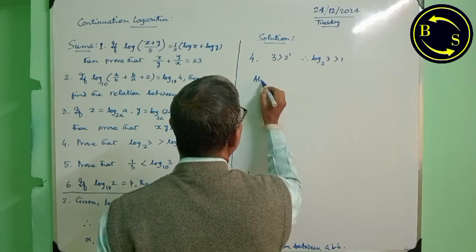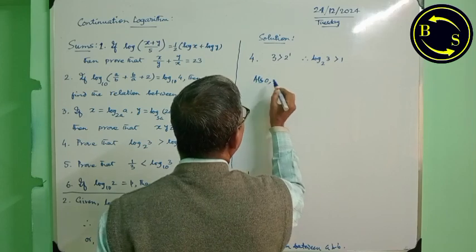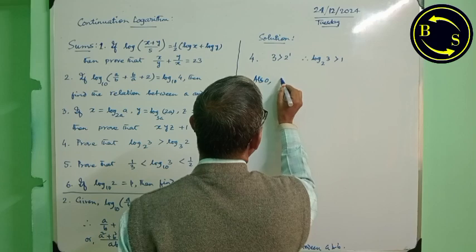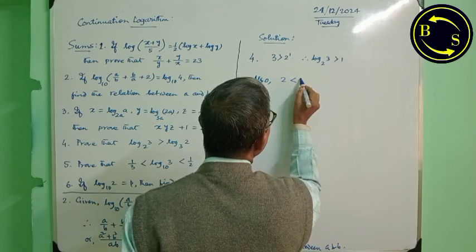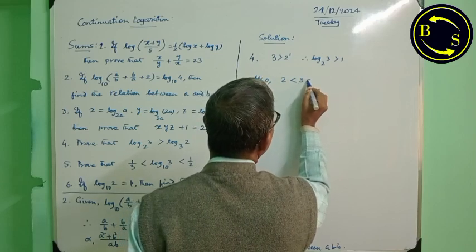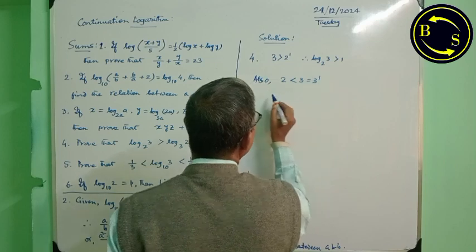Also, 2 is less than 3, and this is 3 to the power 1.